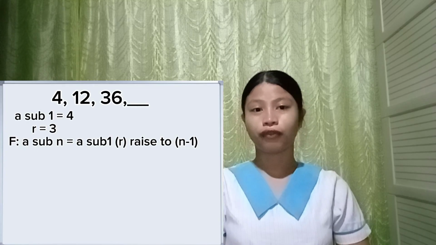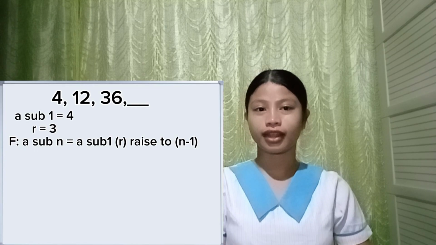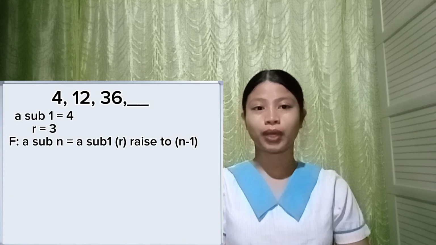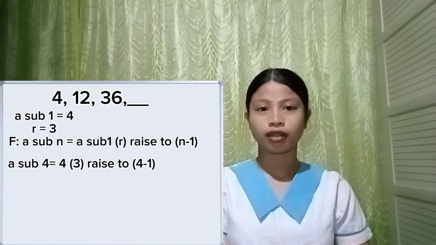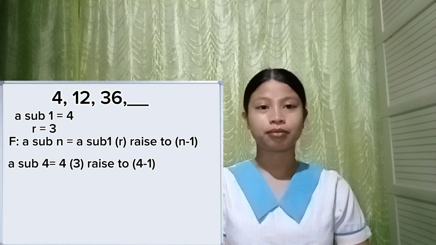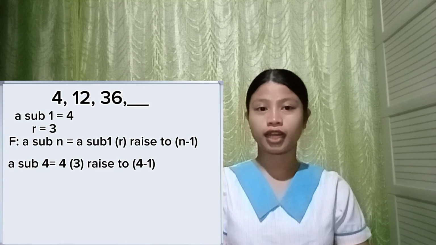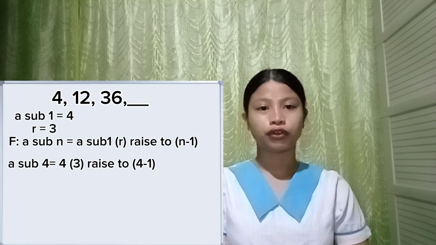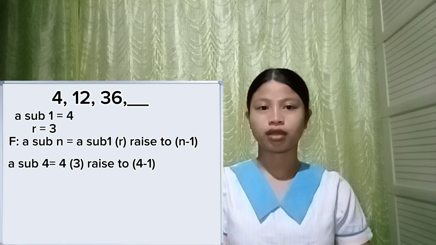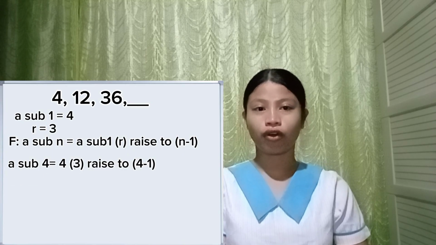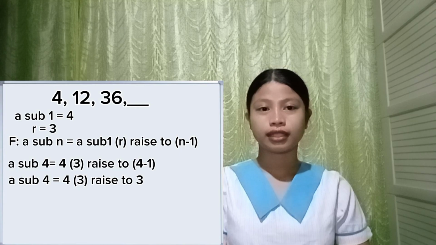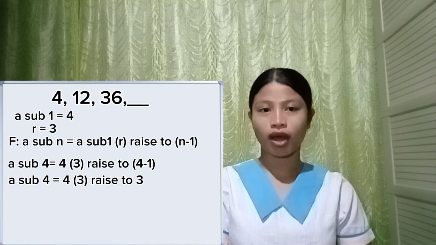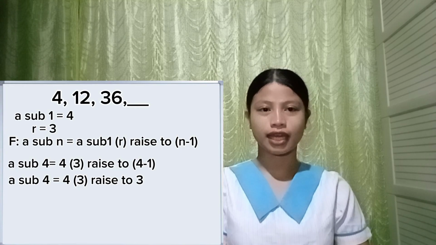So a sub 4 is equal to 4, which is the first term, times the ratio, which is 3, raised to 4 minus 1. So a sub 4 is equal to 4 times 3 raised to 4 minus 1, which is 3.